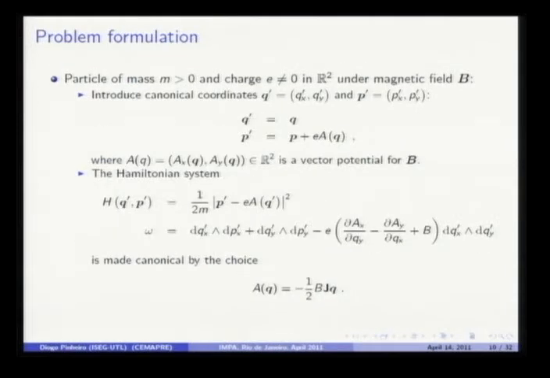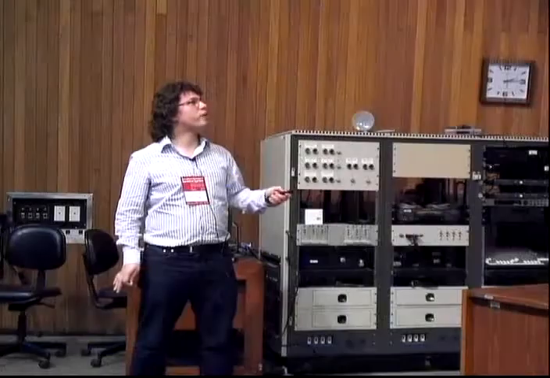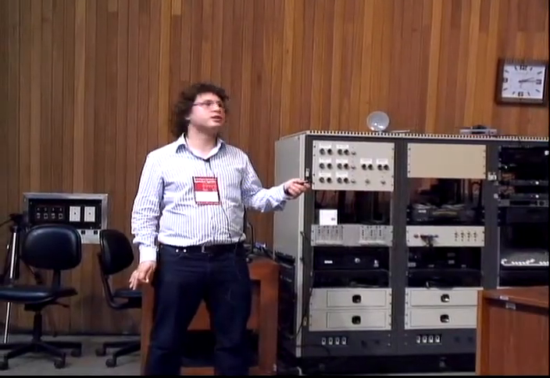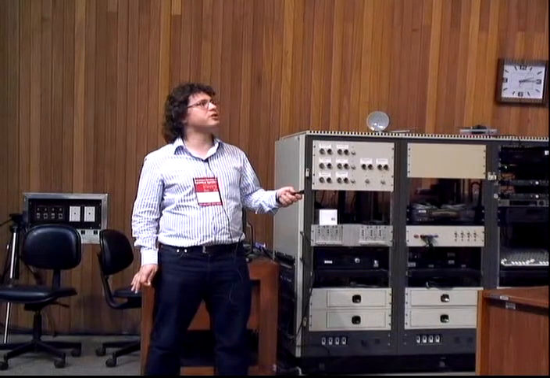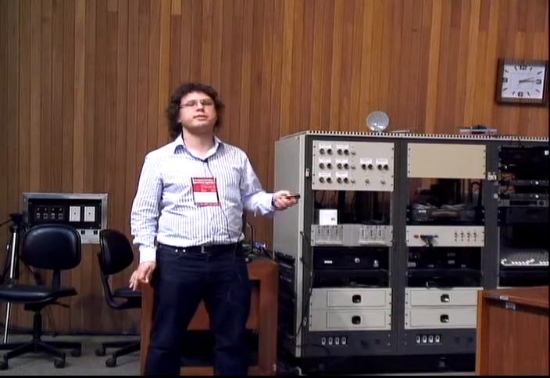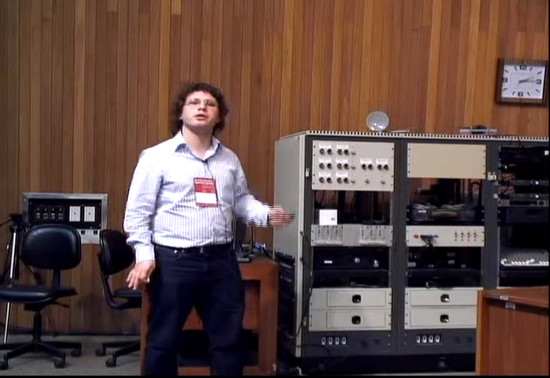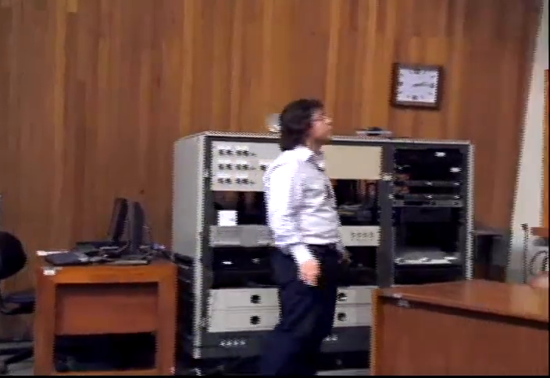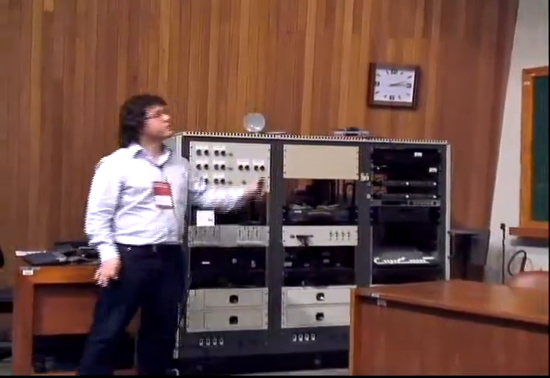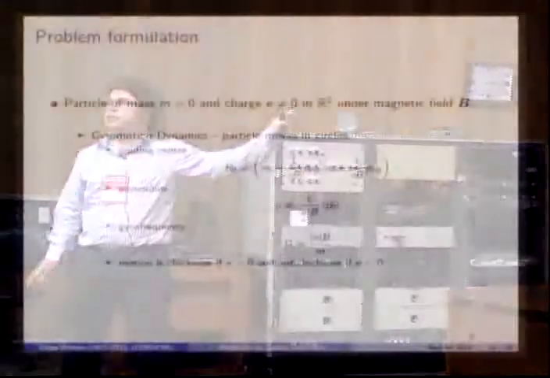Another way around this is to introduce different coordinates. So you introduce a vector potential, and in this way your Hamiltonian function has non-standard kinetic energy, but you can choose this vector potential A in such a way that this term goes to 0, and you recover your standard canonical Hamiltonian equations. Okay, so the dynamics of this system are trivial.